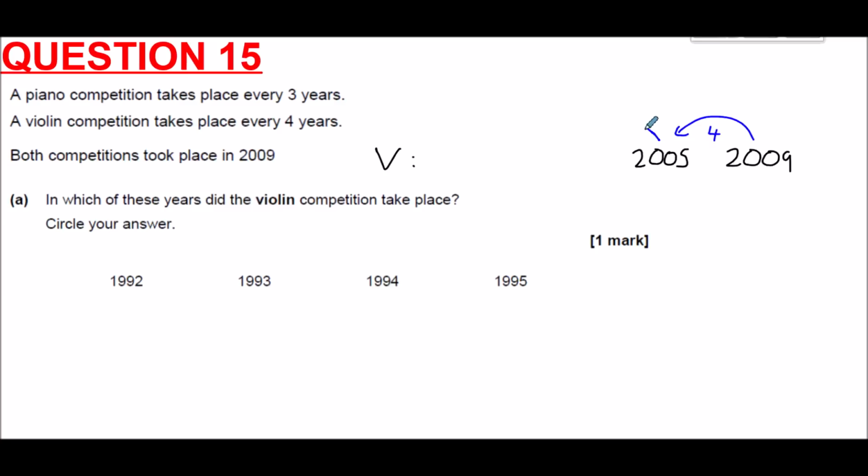But if you count another 4 years back from 2005, 2005 take away another 4 years would be 2001. Go back again another 4 years. 4 years before 2001 will be the year 1997.